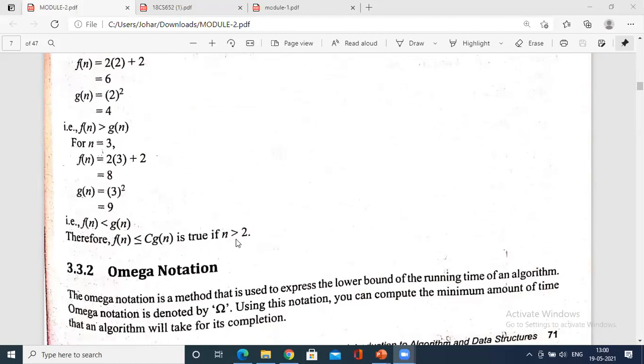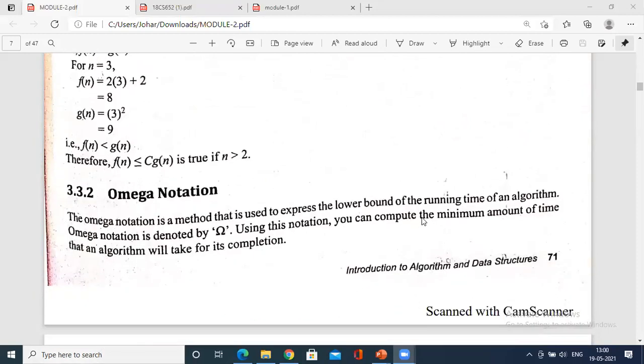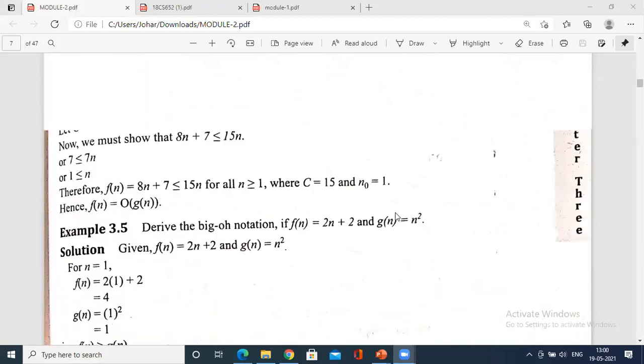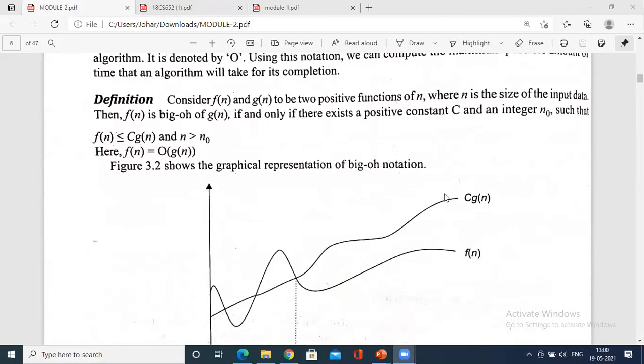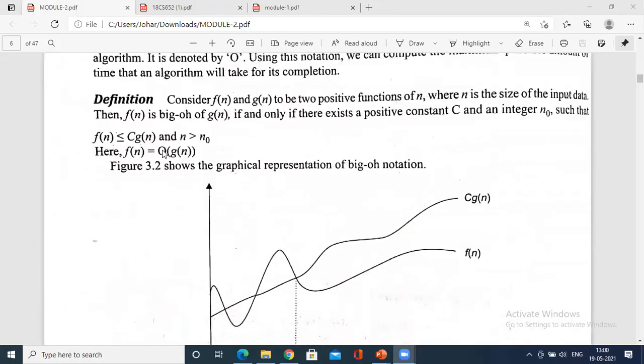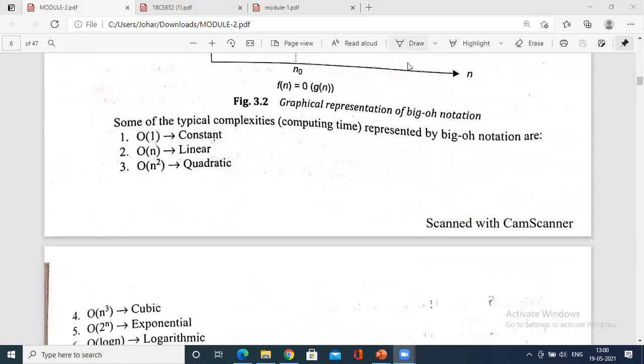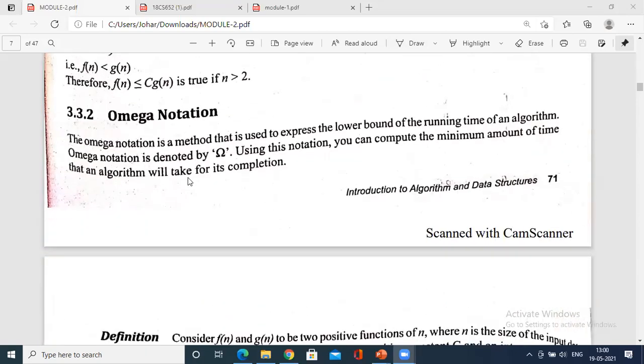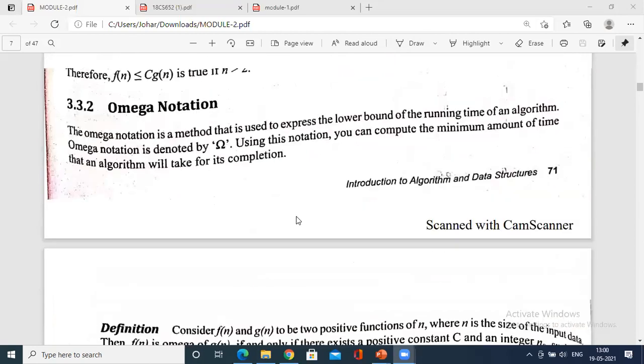Similarly, let me go to the next notation called omega notation. It is used to represent the lower bound. So we have upper bound and lower bound. For upper bound you have seen c of g of n is greater than f of n, that is f of n is less than c of g of n. In the case of omega notation, see what is happening in the graph.